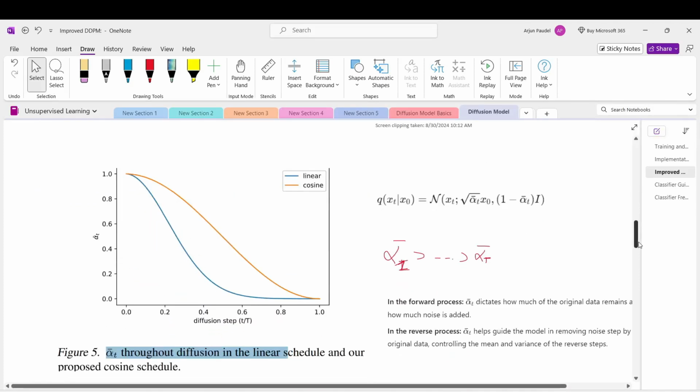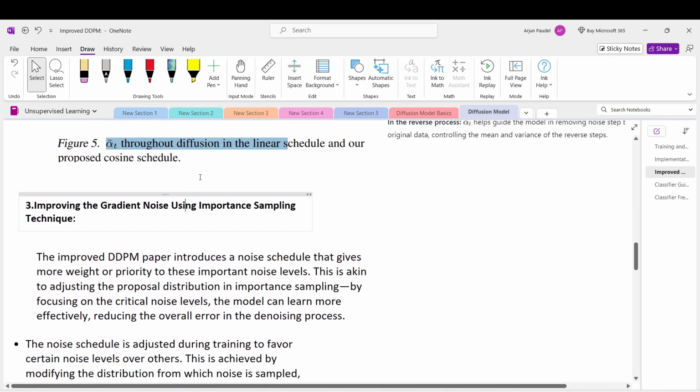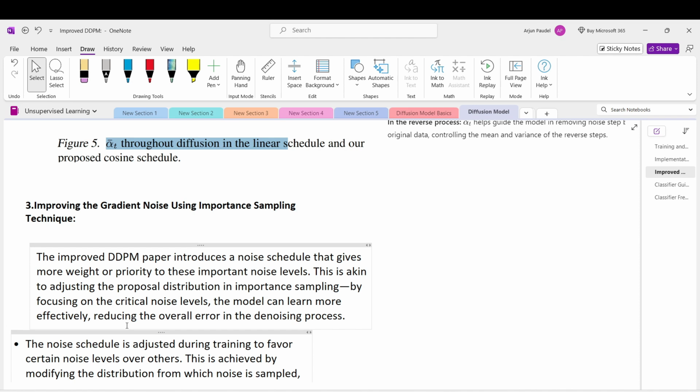Gradient noise means the gradient updates are not clear, and they are using this importance sampling technique to improve the gradient noise of the LVB loss.